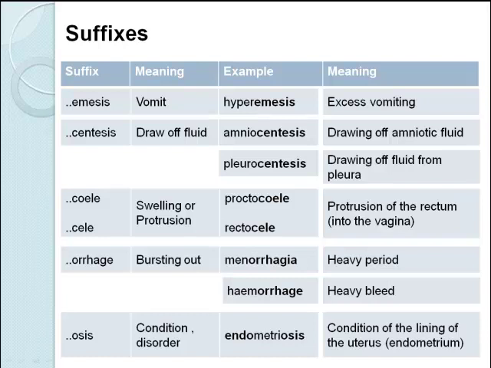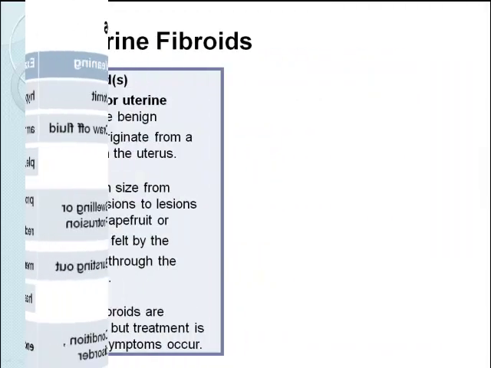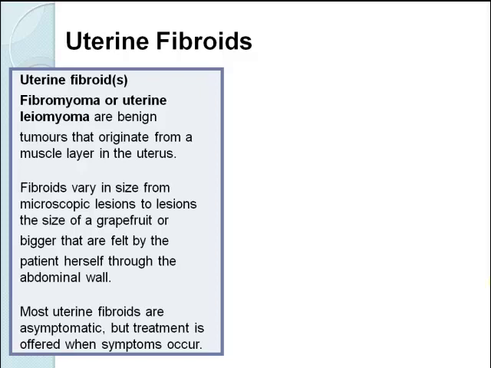Next, we're going to look at some terms associated with fibroids. Uterine fibroids, more commonly known as fibroids, have many names, including fibromyoma or uterine leiomyomas.